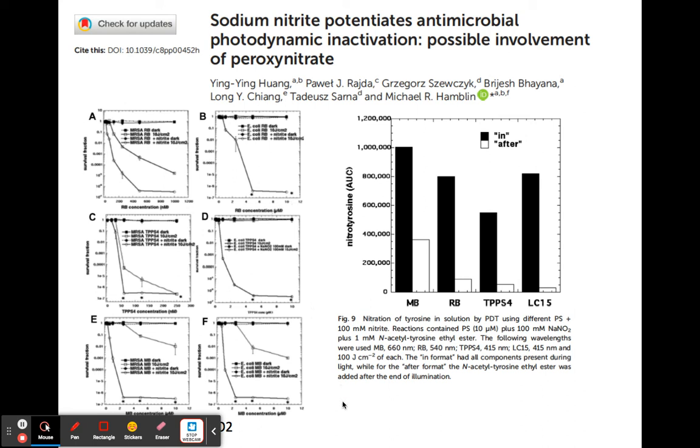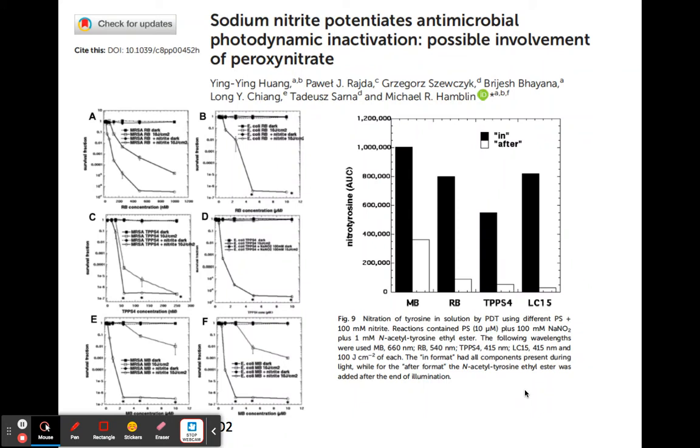What we think is going on, we did show that if you did this in solution with no bacterial cells, you could nitrate tyrosine, if you had the photosensitizer, nitrite salt, and light. And if you can nitrate tyrosine, you're producing a reactive nitrogen species for sure.